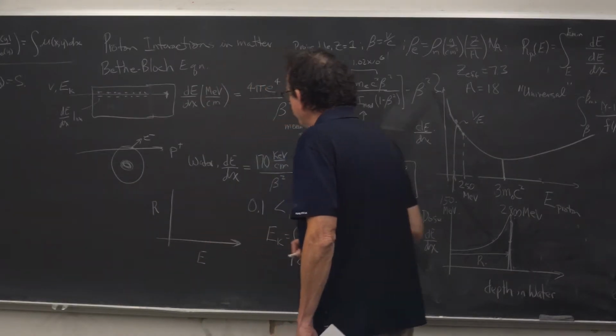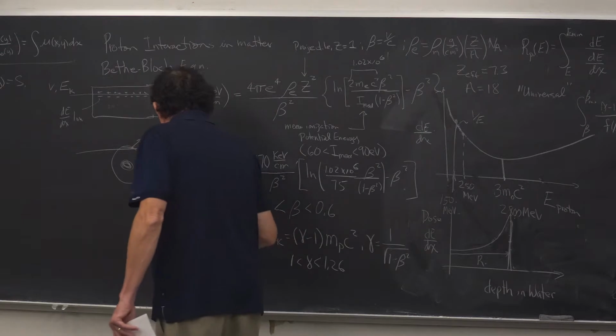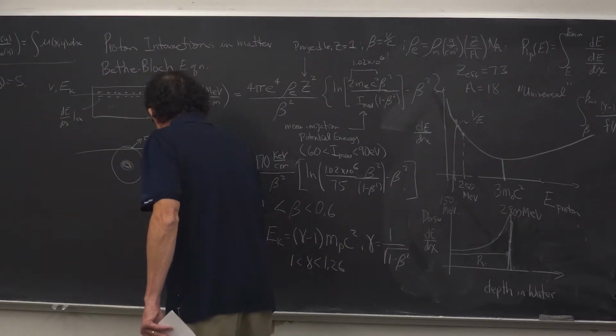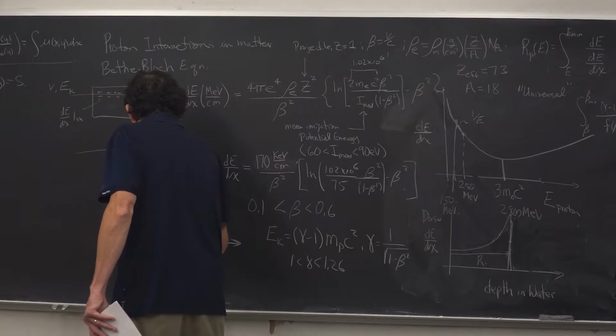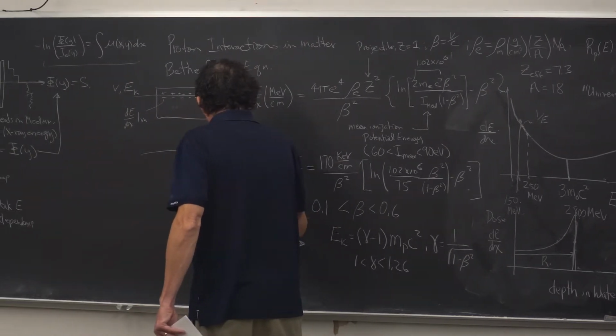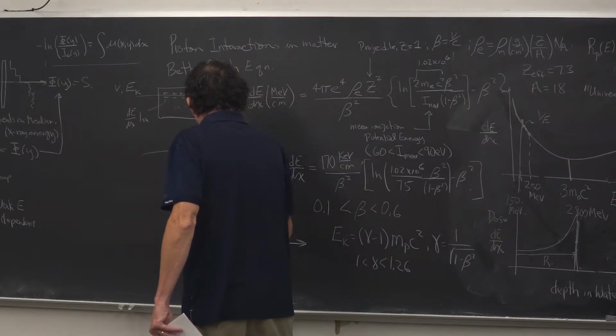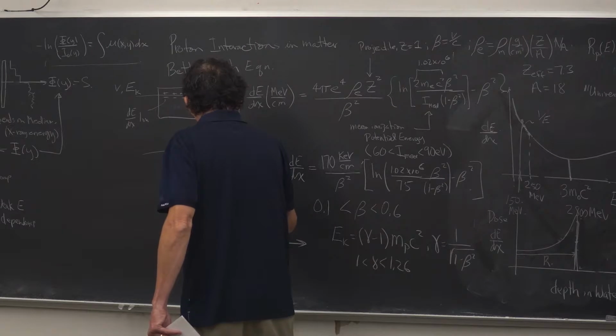And people have done that, and the range of interest for therapy are ranges where the proton will travel as little as 3 cm and as high as 250, so this will be the range in centimeters. And this will be range in water.